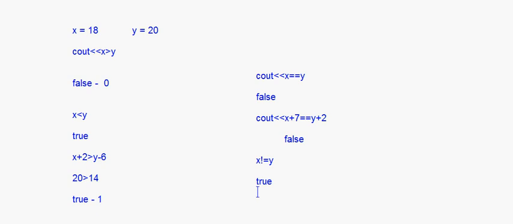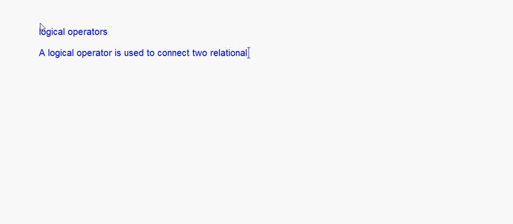When we do proper questions and learn the other things, we will use the relational operators along with the other operators. Now let's understand what logical operators are. A logical operator is used to connect two relational expressions or logical expressions.